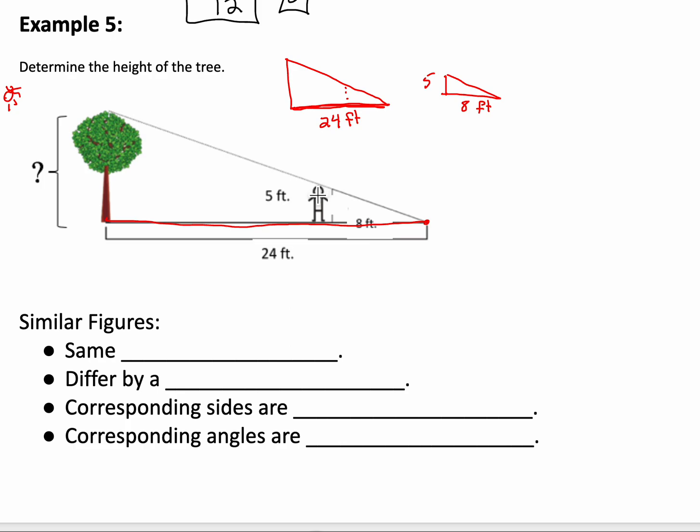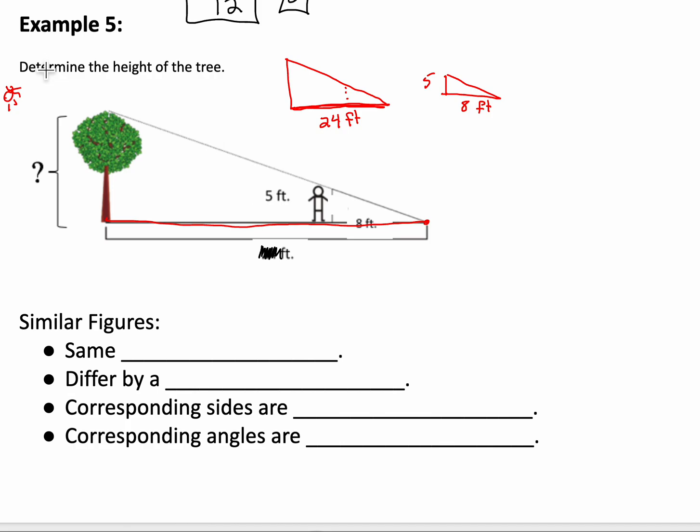Now, here's what I want you to do. I want you to write down another sentence right underneath here, because this sentence also is given to us without the 24 feet. This one it is, but let's pretend that they didn't give us this 24 feet.